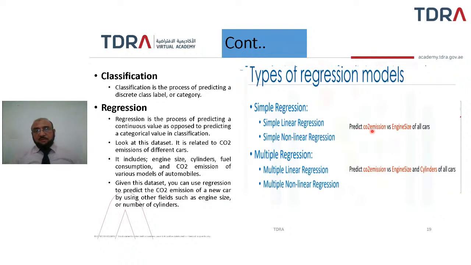Here we predict CO2 emission with engine size. In a simple regression, we have one specific input value, and based on that input value, the system will predict the output value. Then we have multiple regression. In multiple regression, we have more than one input value, and based on that, the system will predict the output value.